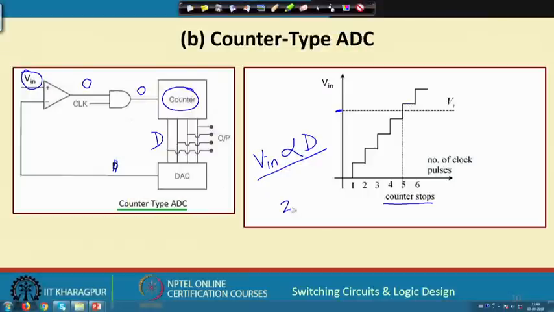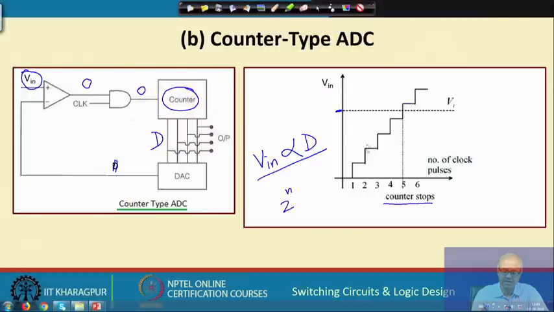But the problem here is that in the worst case for an n bit conversion, the counter will have to count 2 to the power n times, as it is an n bit counter. So, the number of clock pulses required can be as large as 2 to the power n. You can see why I have said that the flash type converter was faster, because everything was done in a single step, but here you are applying the clock maximum 2 to the power n times.